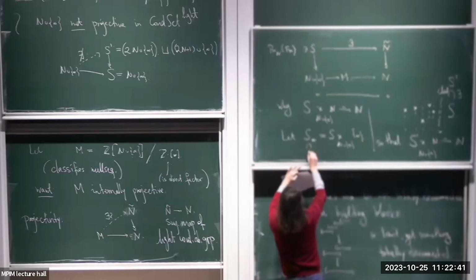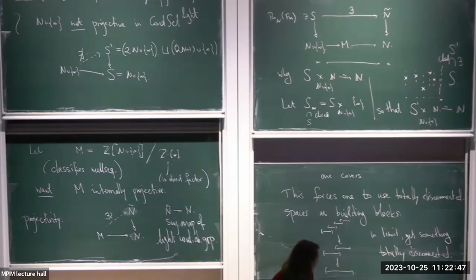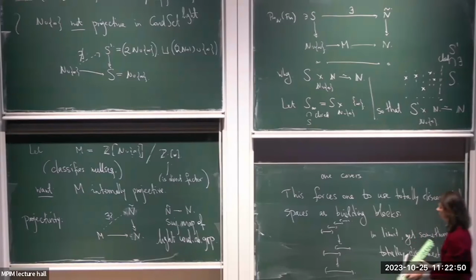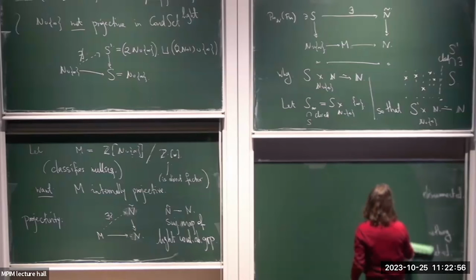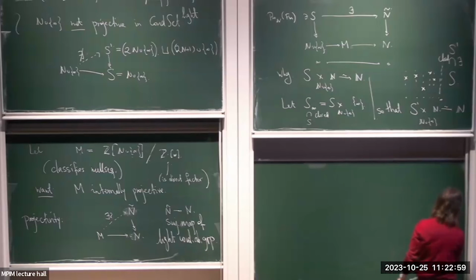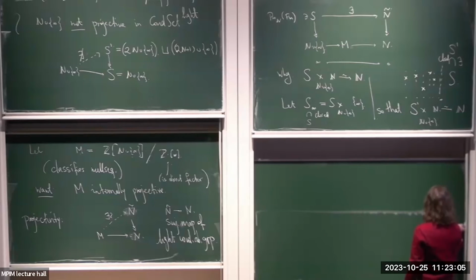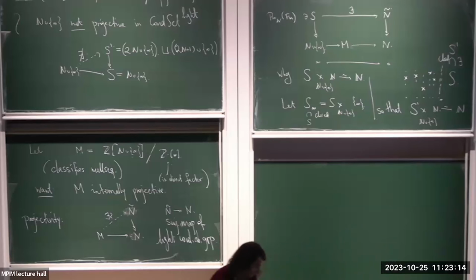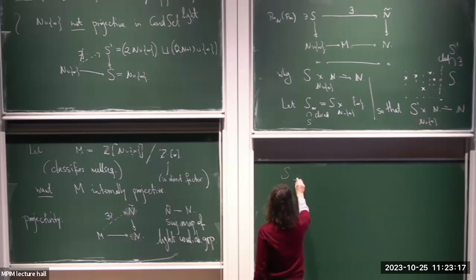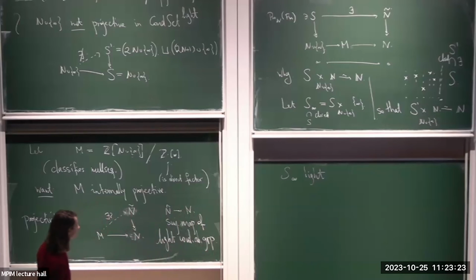So there's a certain closed subspace in S. But everything here is light. In particular, S infinity is light. And I stress it here because here it's really the critical point where lightness is used.